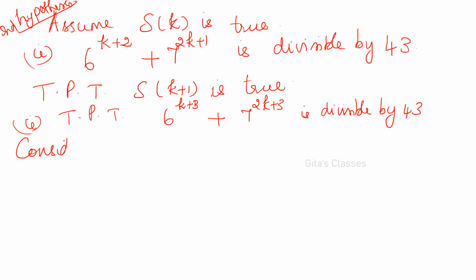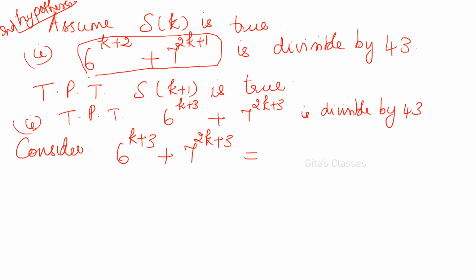Now consider the term 6 power k plus 3 plus 7 power 2k plus 3. We know that 6 power k plus 2 plus 7 power 2k plus 1 is divisible by 43. So try to write this in terms of this term plus something into 43. You have to express it like that.